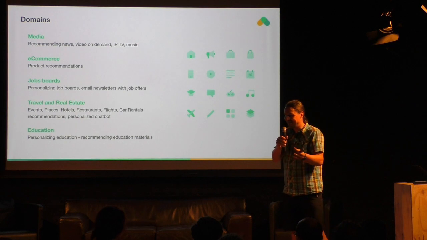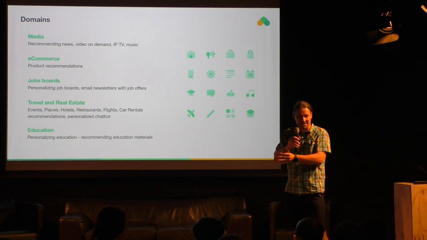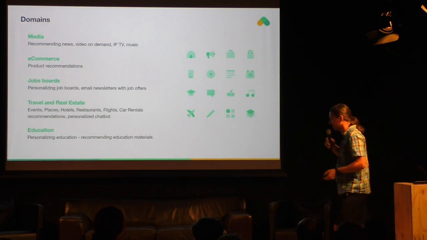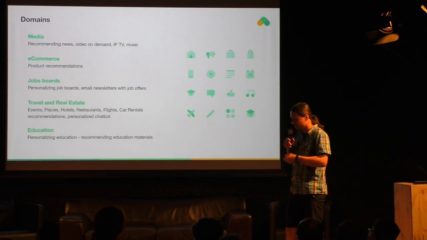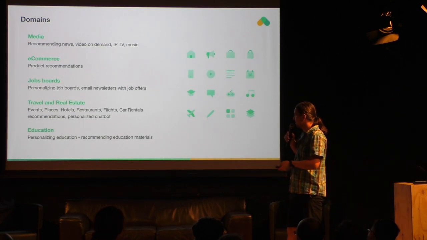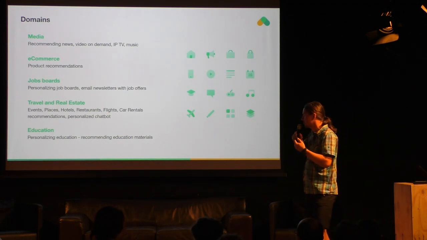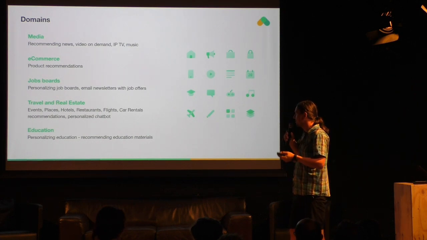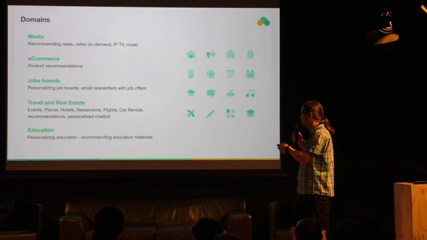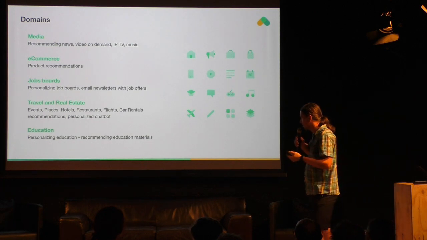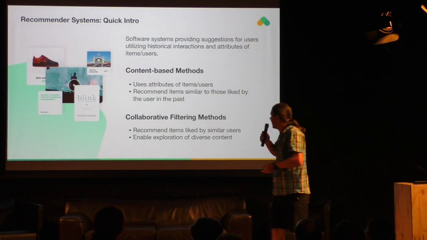Everywhere, when you have enough users and enough items, you can apply a recommender engine and improve user experience and conversions and so on. These are the domains where we have most of our customers, mostly in media, like recommending news, videos, music and so on. Then in e-commerce, also job boards, travel, or even education. You can recommend some educational materials.